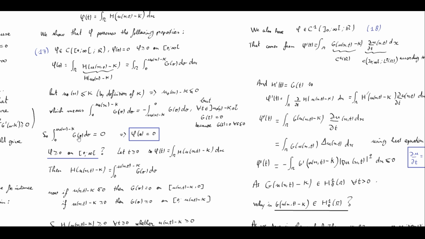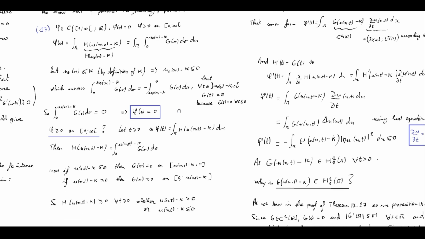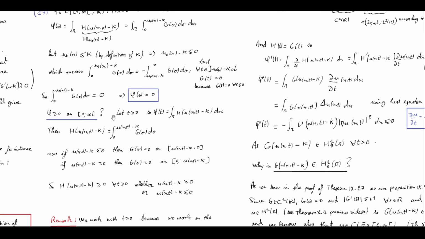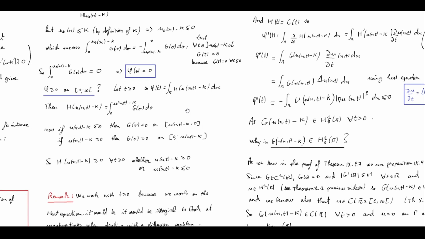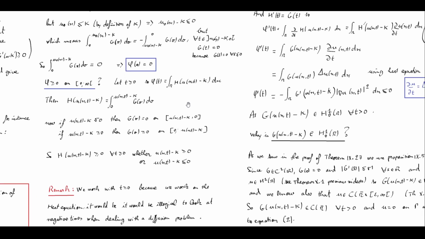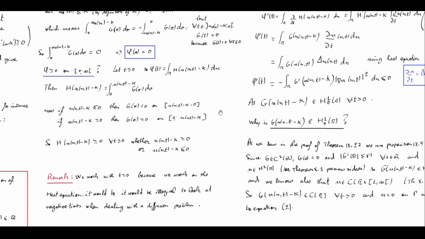Now, phi is positive on (0, infinity). Let's show that little result. Let t be greater or equal to 0, so phi of t equals the integral on Omega of h of (u(x,t) minus k) dx. Then h of (u(x,t) minus k) equals the integral from 0 to u(x,t) minus k of g of sigma d sigma. Now if u(x,t) minus k is smaller than 0, then g of sigma equals 0 and the integral is 0. If u(x,t) minus k is positive, then g of sigma is positive on (0, u(x,t) minus k).